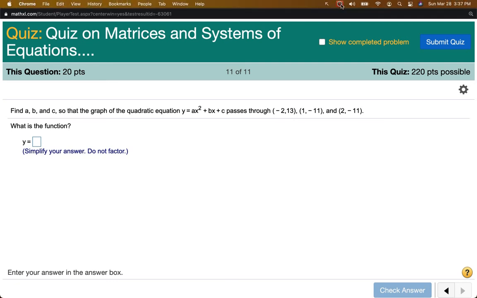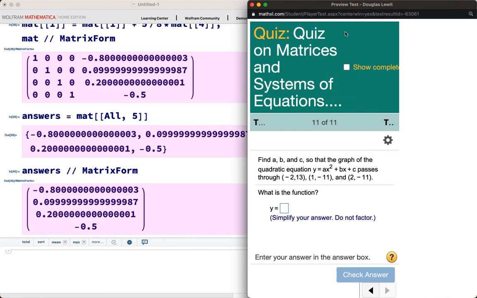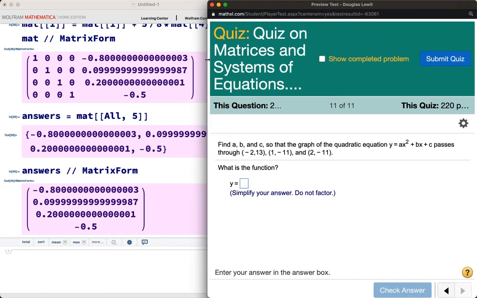Hold on one second. Let me just put this on pause for a moment. Okay, guys, we have one more problem to do, and then we're done. Find A, B, and C so that the graph of the quadratic equation y equals ax squared plus bx plus c passes through the 3 points.